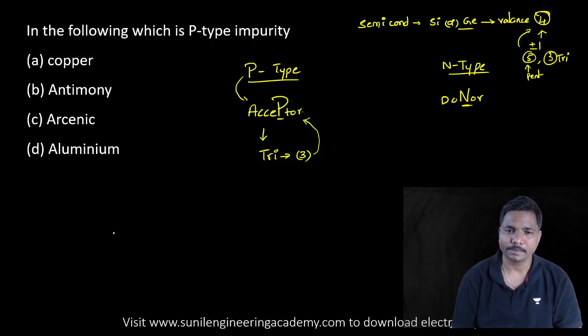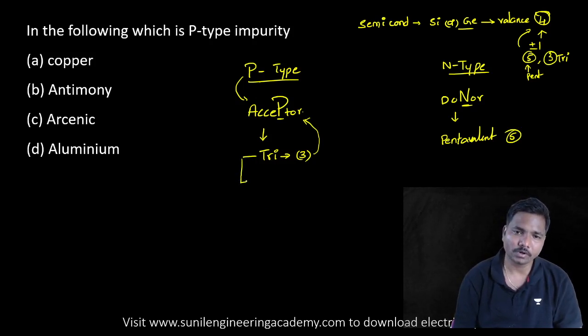In the same way, donors are ready to donate, meaning they always have a higher number. So these are pentavalent, 5 valence electrons. All of you clear? P-type trivalent, N-type pentavalent.